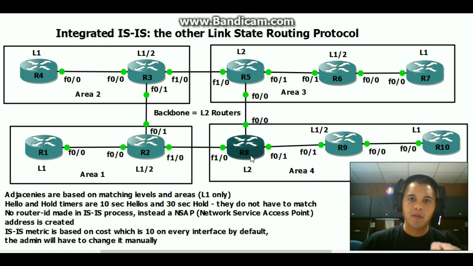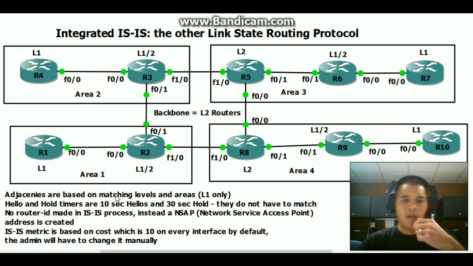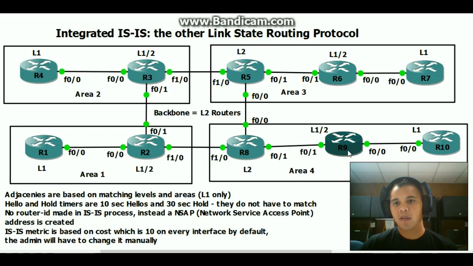I'm going to be configuring routers 8, 9, and 10. The way adjacencies work, it's not really as strict as OSPF. Adjacencies are only based on matching levels. So only a level 2 router can make an adjacency with another level 2. Some routers could be both level 1 and level 2.